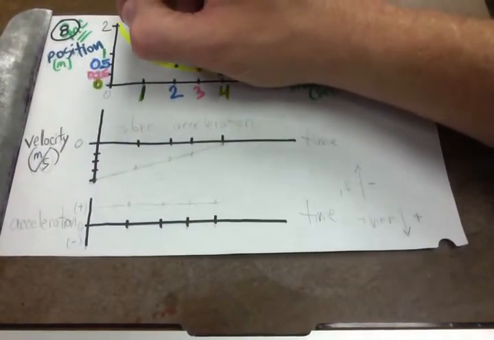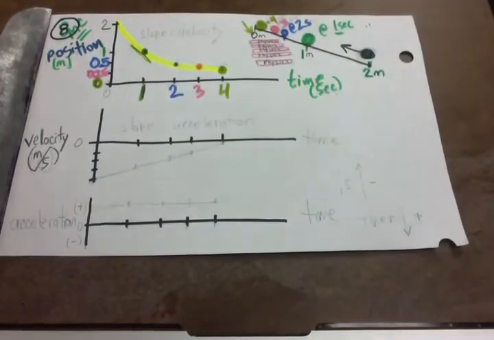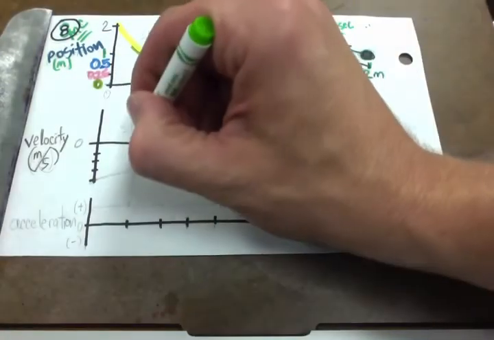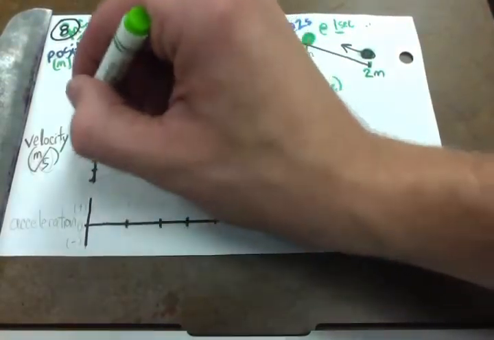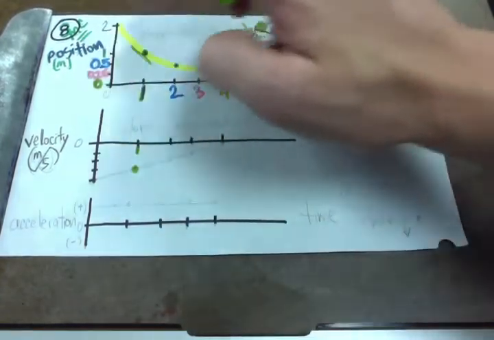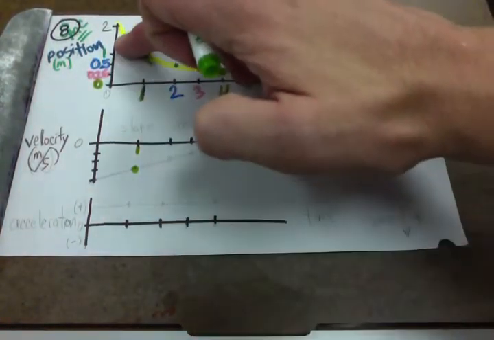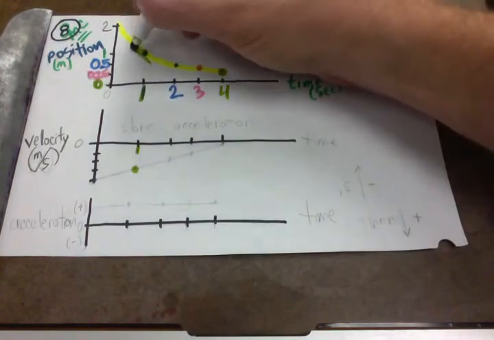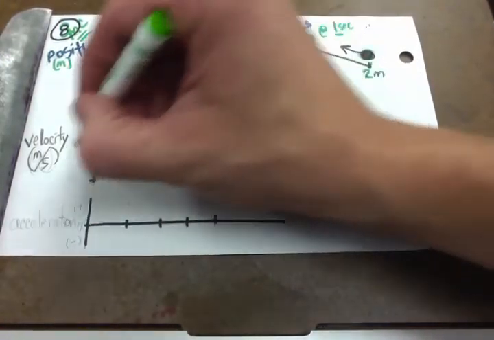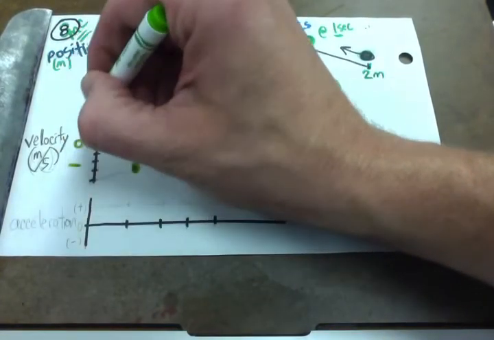So what is this slope here at that 1 second? Well, that's severely negative actually. I don't know what it is, maybe like up 2 over 1 or close, but it's very, very negative.